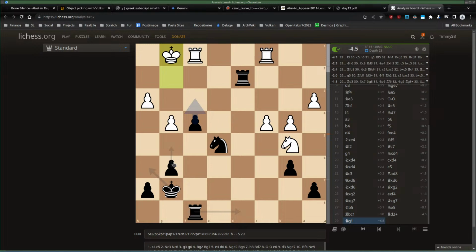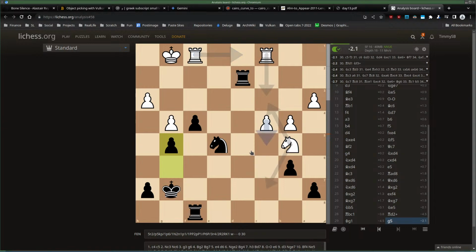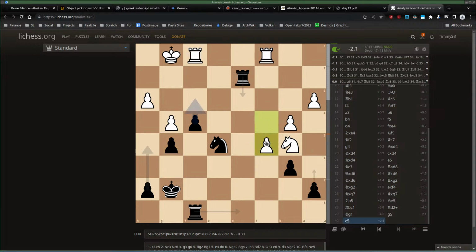I played G5. Still -2. G5 followed by C5, which I took for some reason. Well, F3 is still better, so I gave the game back.